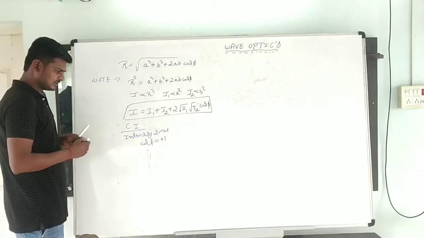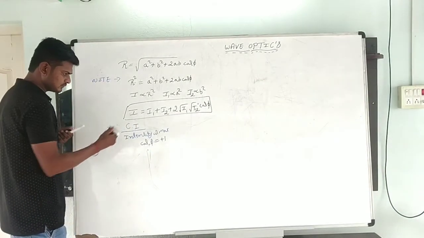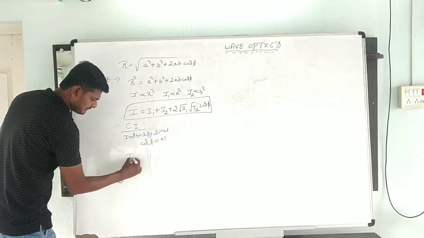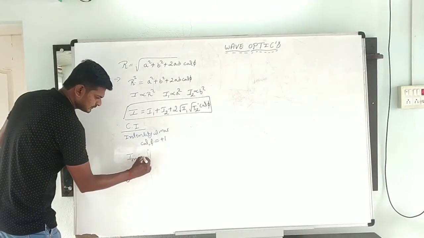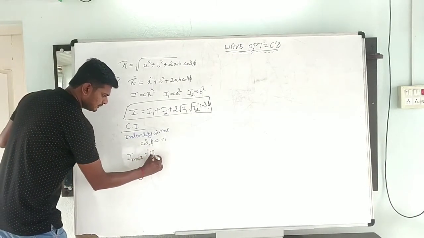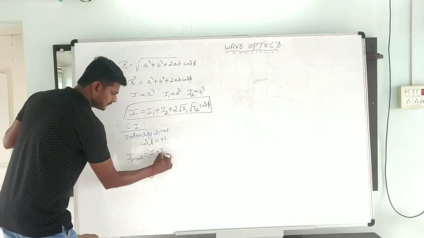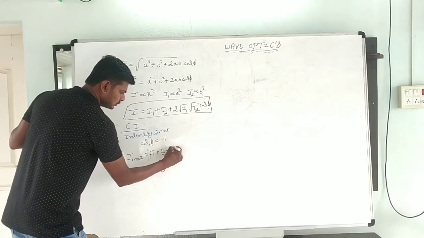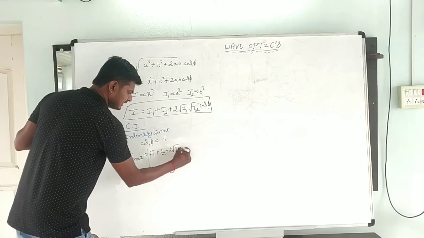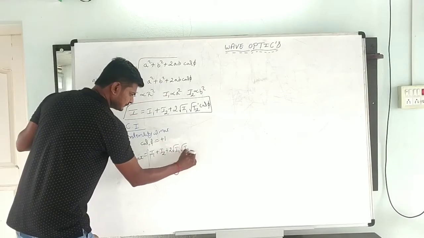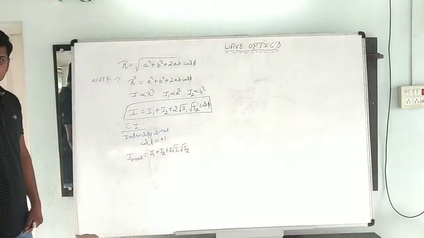When cos phi is plus 1, what does it become? I max is equal to I1 plus I2 plus 2 root of I1 I2.